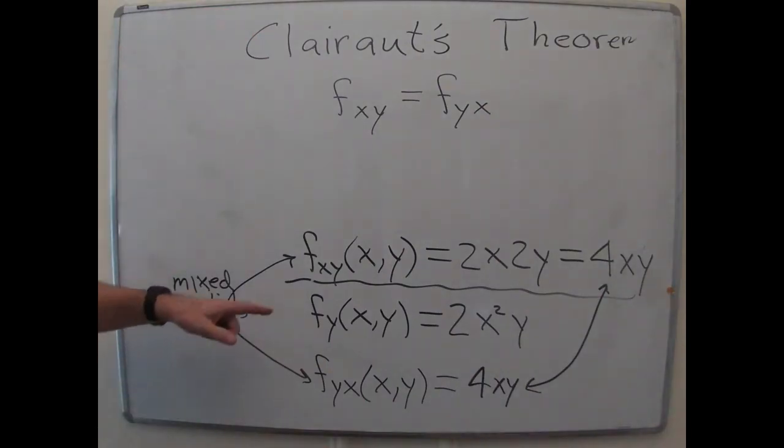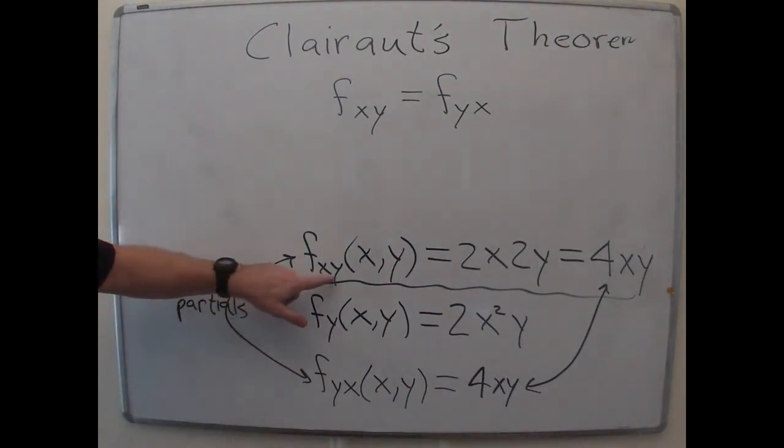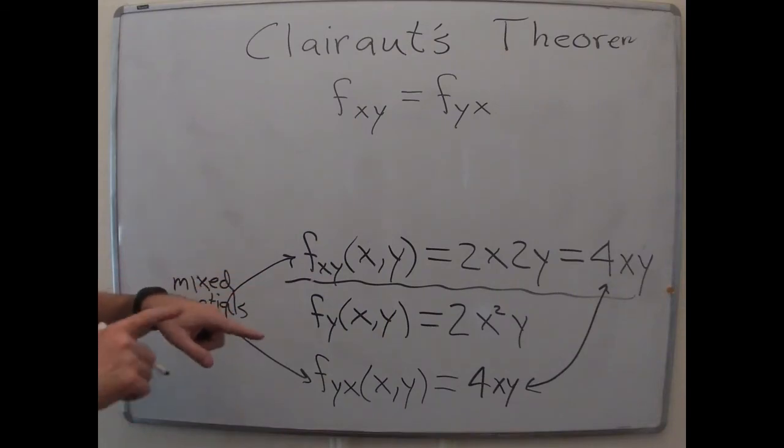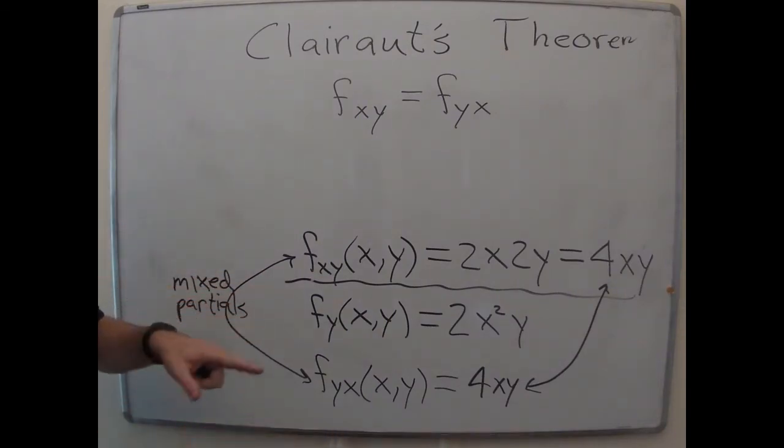For instance, I could do two x's and then a y, or I could do an xyx or a yxx. There are lots of ways where I could have two x derivatives and one y derivative. Three different ways you could do it with a third order mixed partial.